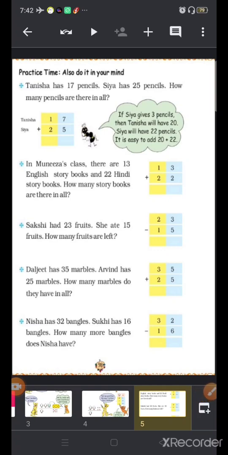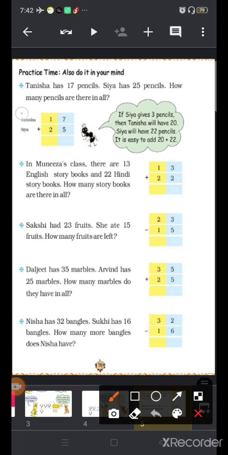Here, practice time. Also do it in your mind. What question is written? Tanisha has 17 pencils and Sia has 25 pencils.